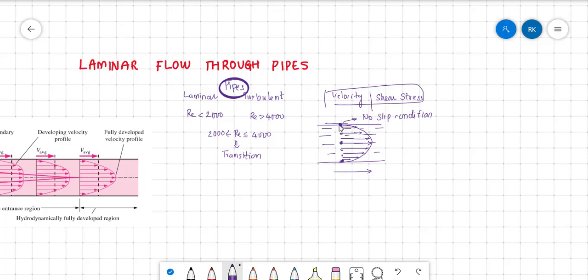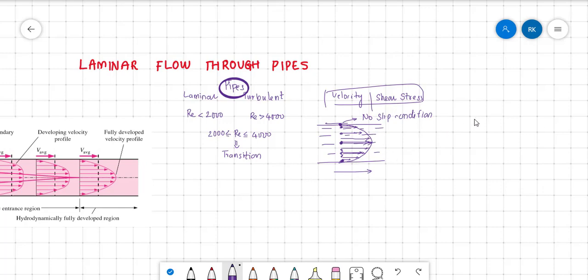So the fluid particles will be attached to it, and there will be no velocity of the fluid particles at the wall. As the particles we are considering move away from the wall, there will be increasing velocity, and at the center that will be the maximum velocity. So that will be the velocity distribution.